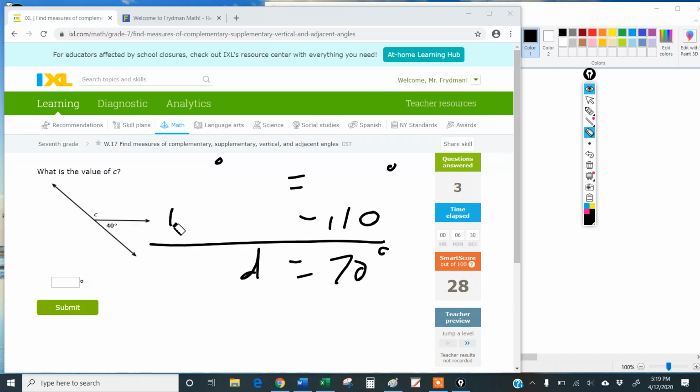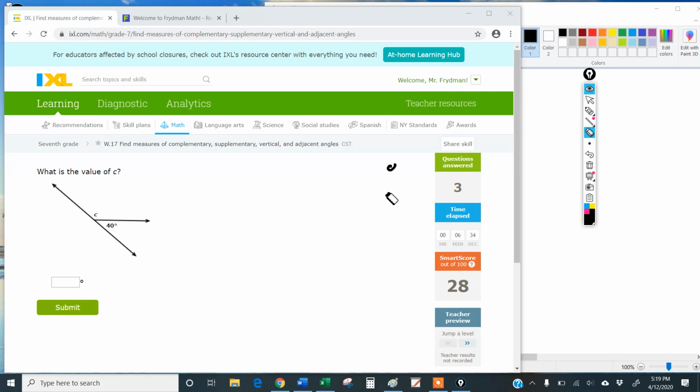Okay, this one is exactly the same as the last one. I see that angle C plus this 40-degree angle must equal 180 degrees because they make a straight line together. So I know that 180 minus 40 is 140.